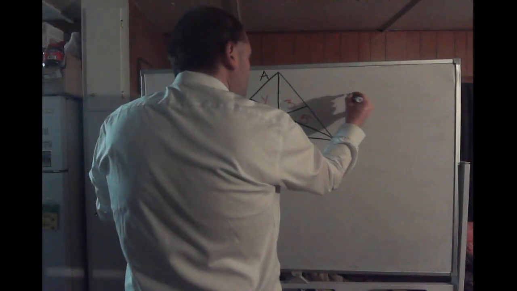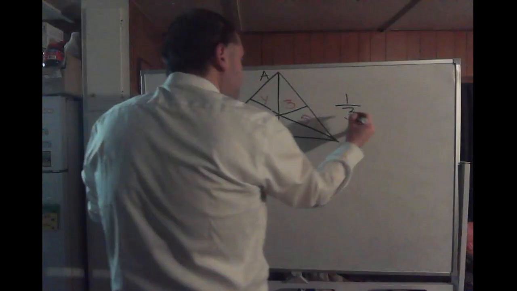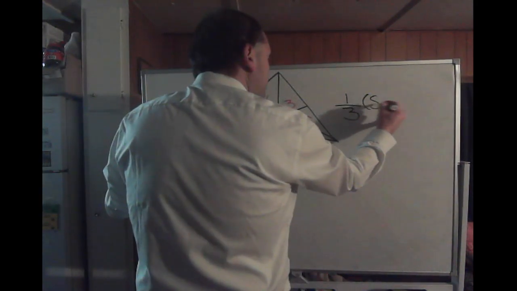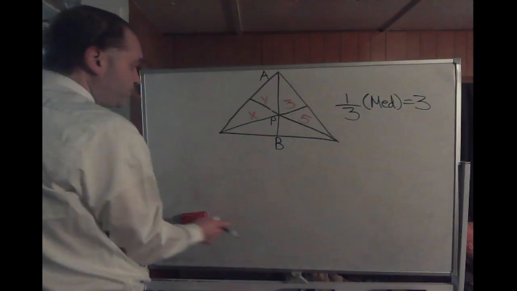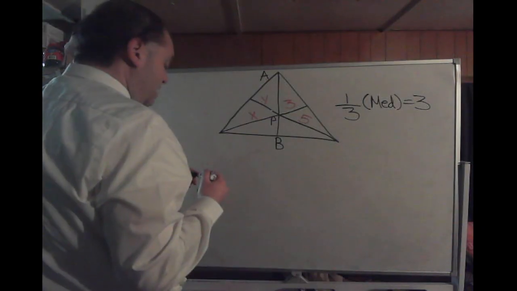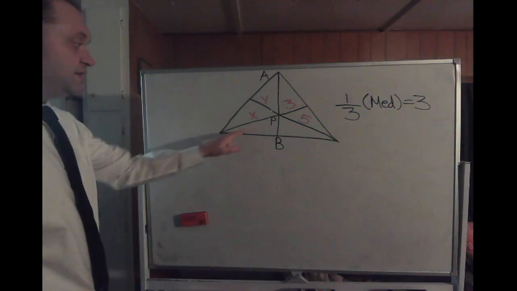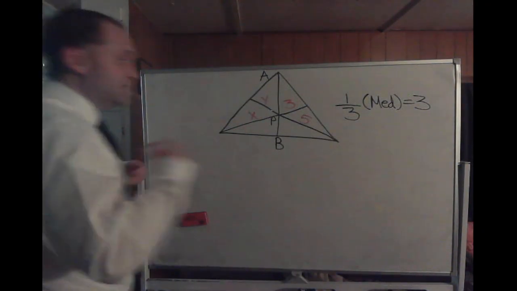So 1/3 of the median equals 3, right? Well, that means from P to this vertex, that's 2/3 of the distance.